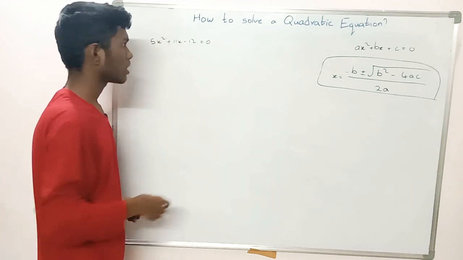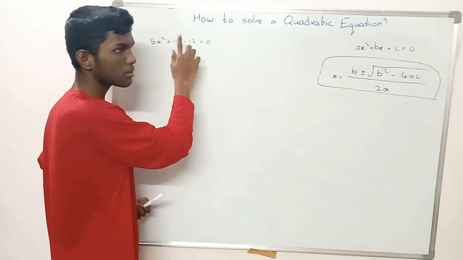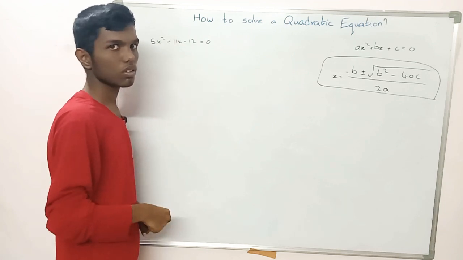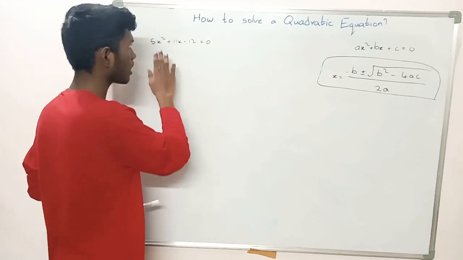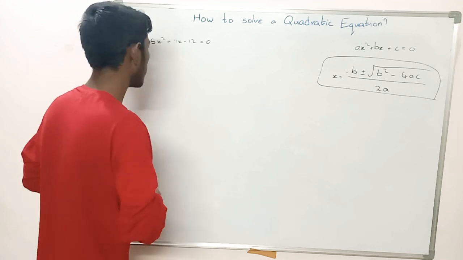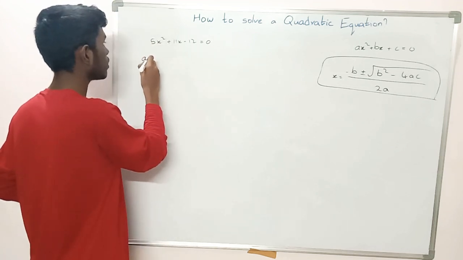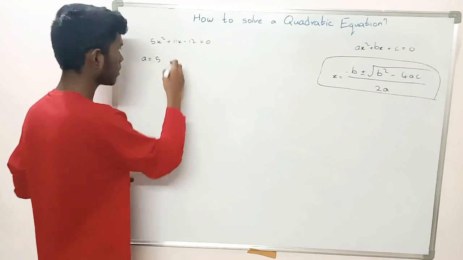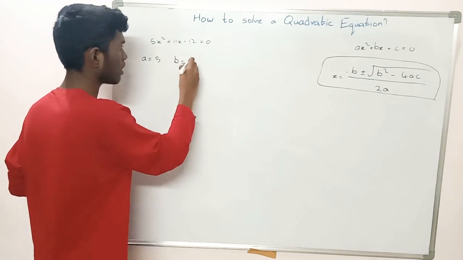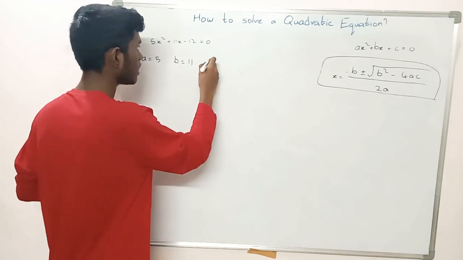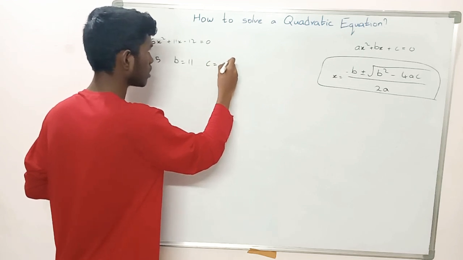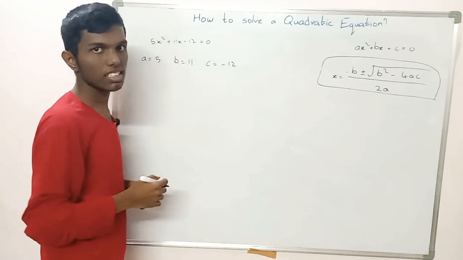Coming to the problem, 5x square plus 11x minus 12 is equal to 0. You can check, it cannot be factorized, and I am taking the values a as 5, b as 11 and c as minus 12. Remember, you should take these signs.